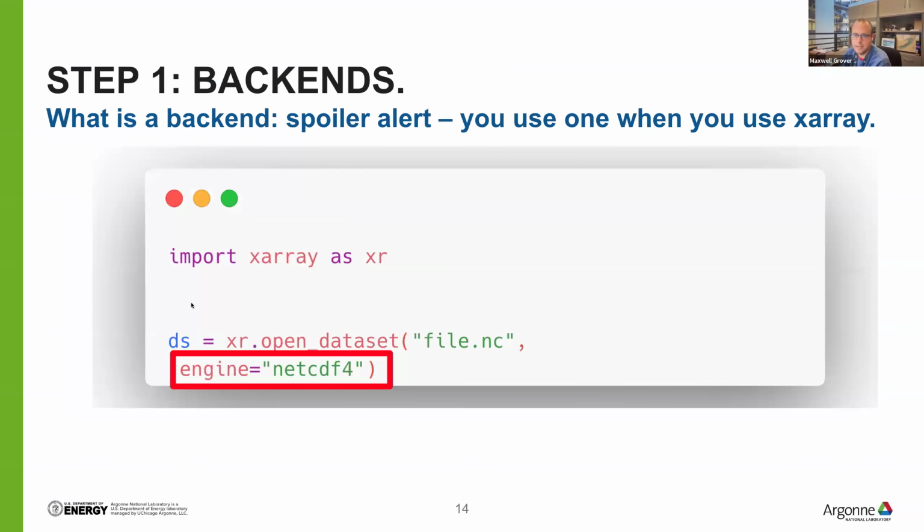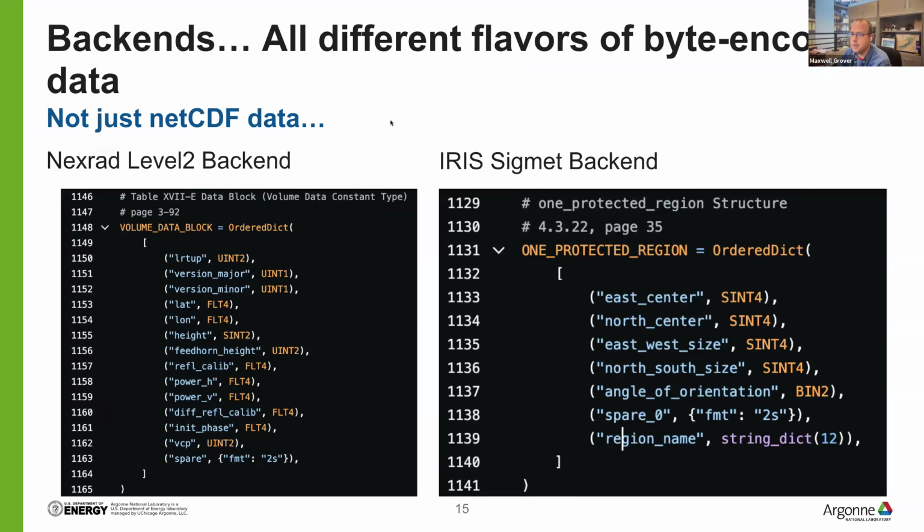And so the idea is that we need to develop these backends. Each different data format has its own associated backend, and XRadar is basically a library of dedicated backends to support all these different data formats. So for example, when most people use Xarray and are working with especially climate model data sets or other Earth observing data sets, a lot of the time it is NetCDF4, where you just use the NetCDF4 backend by default.